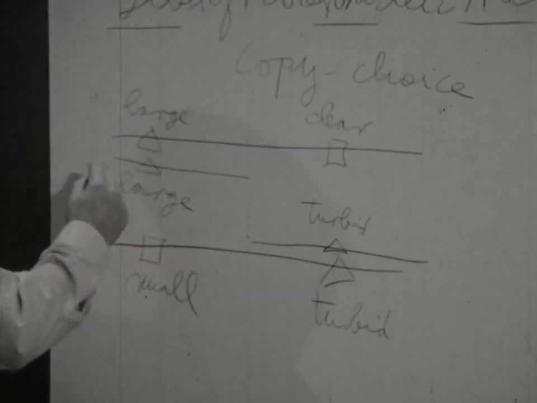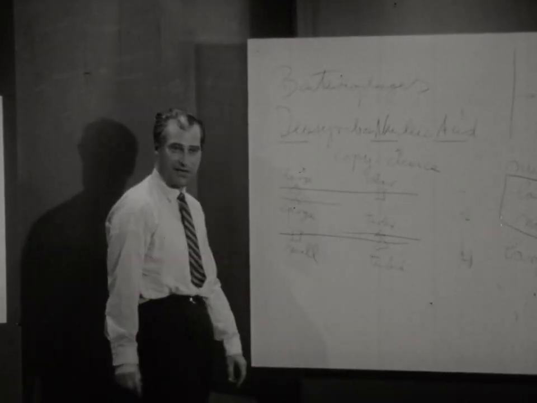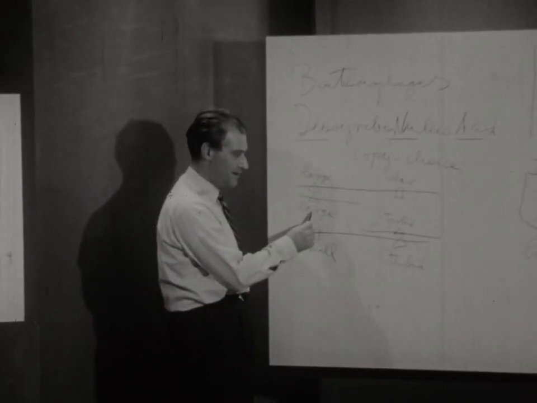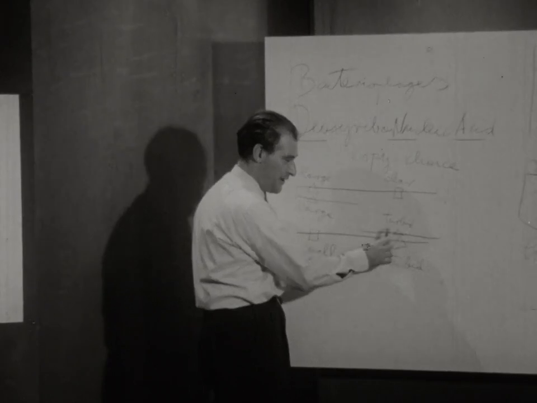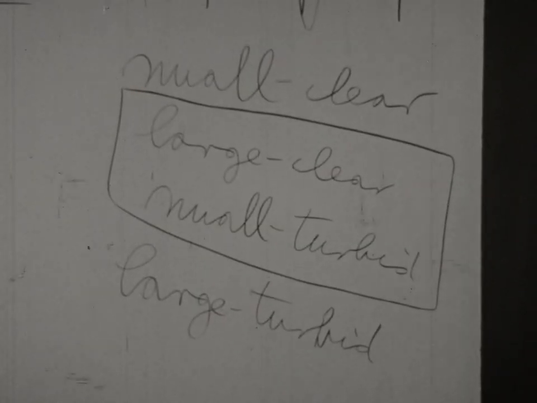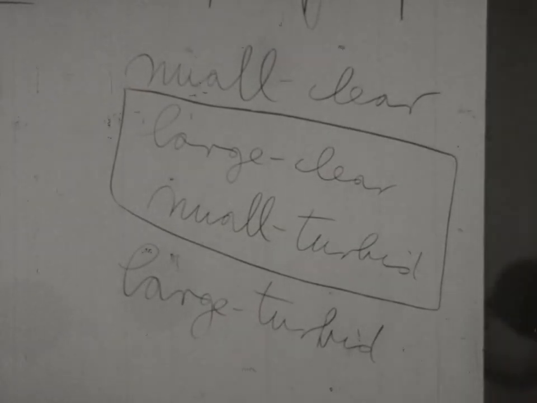And you see now that the DNA molecule, which has been constructed by this copy choice process, carries the large marker at this side and the turbid marker on this side. It is therefore the large turbid genetic recombinant which we had seen to appear from this cross.